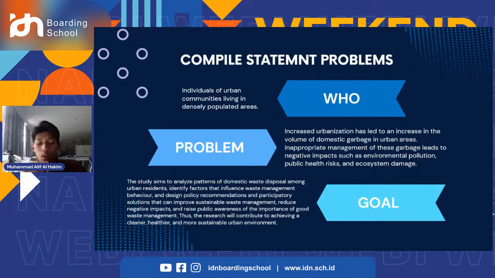The importance of good waste management: thus, the research will contribute to achieving a cleaner, healthier, and more sustainable urban environment.